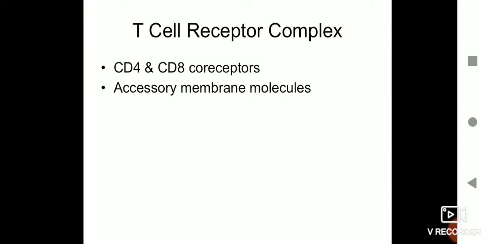And as I have already explained, the T cell receptor is a complex which is formed by combination of different molecules like CD3, CD4 and CD8. CD4 and CD8 are the co-receptors, and CD3 and other molecules are the accessory membrane molecules.